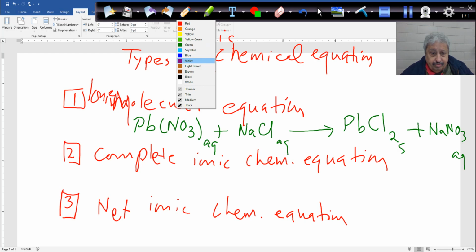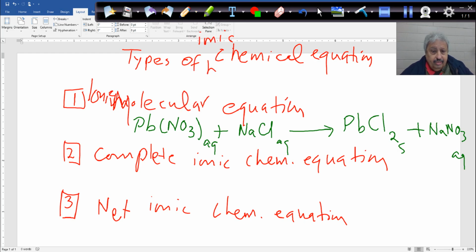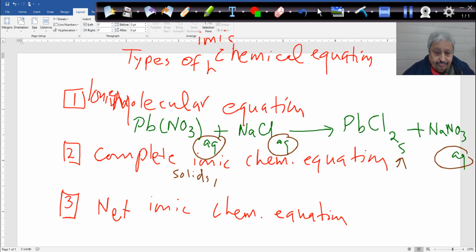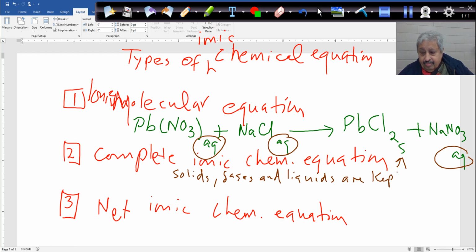So for the complete ionic, we have to take apart all the aqueous compounds. Those are taken out. The solid, liquid, and gas are kept by themselves, intact. This is one of the rules.